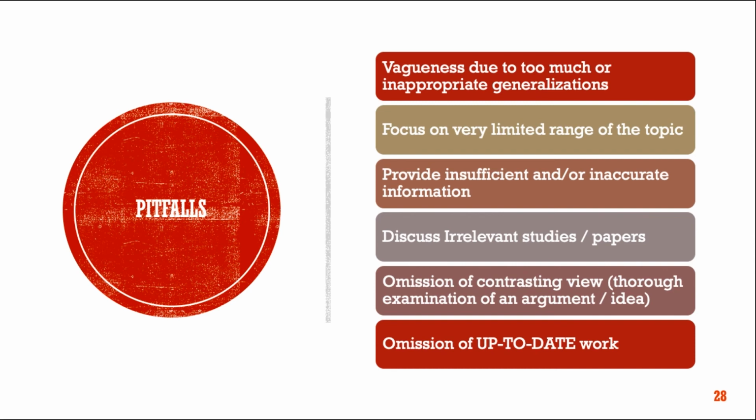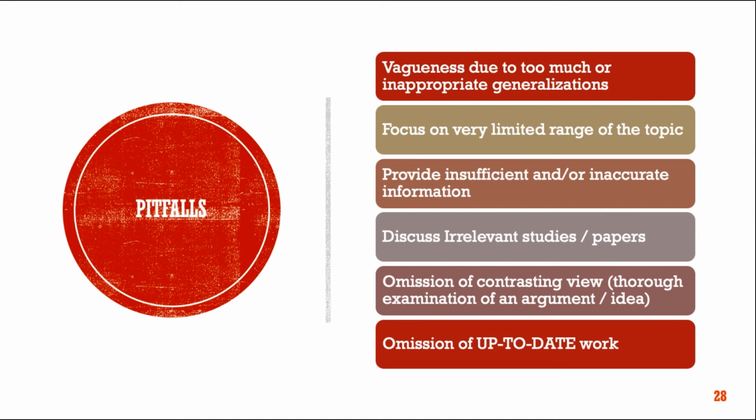Avoid discussing irrelevant studies or papers. Those papers, for example, are also on poverty, but they study poverty from, let's say, a methodological viewpoint. But you want to study poverty from a psychological viewpoint. So they are not related, right? Even though both of them are on poverty. So you just dismiss them, don't discuss them.